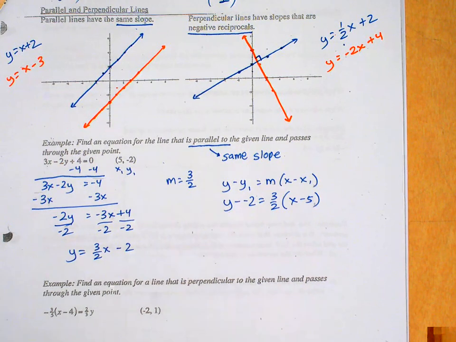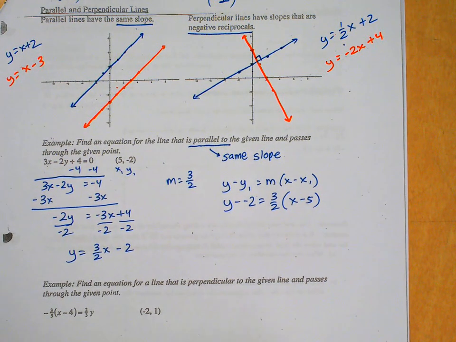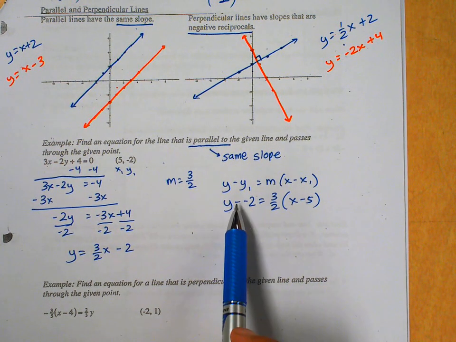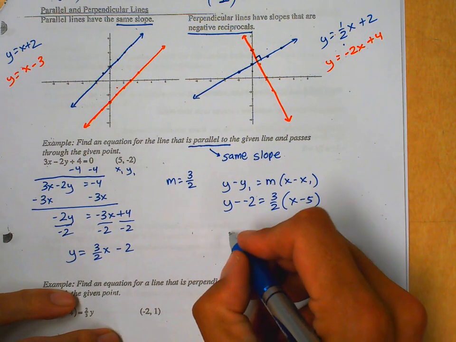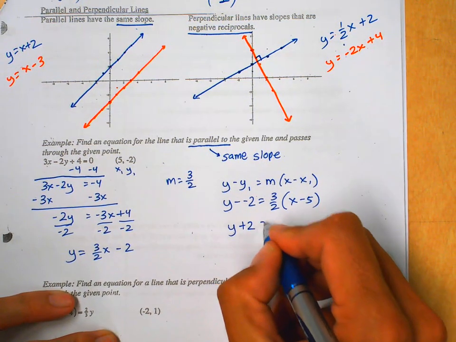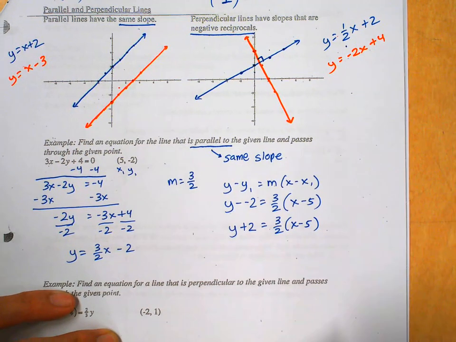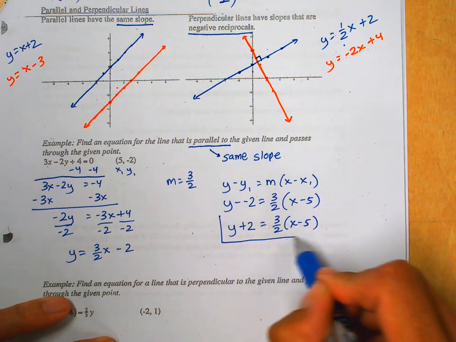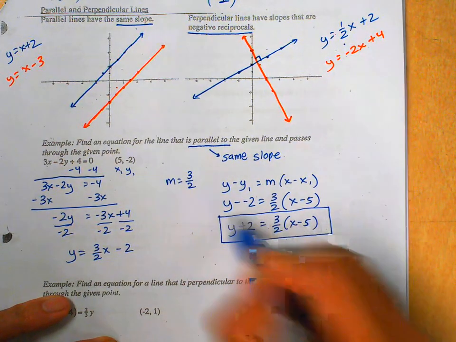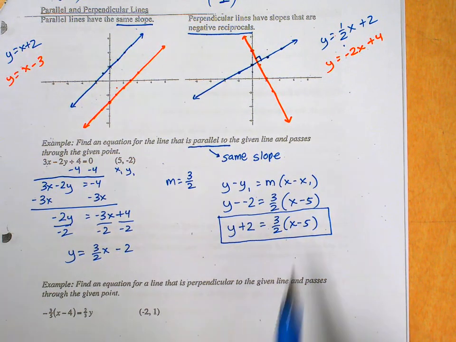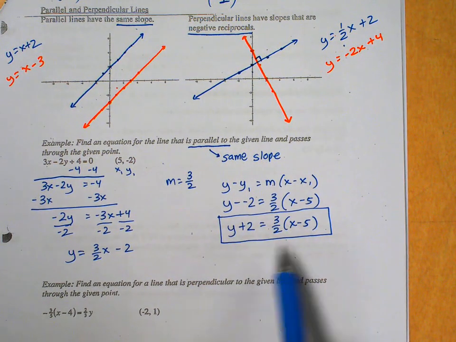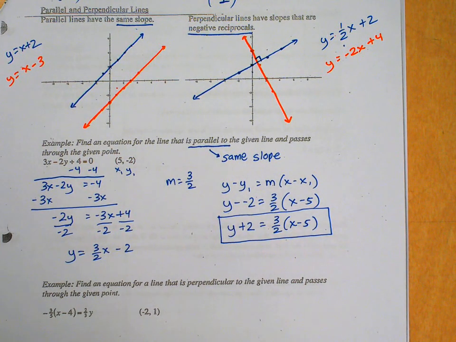The only thing I would recommend simplifying here, I think I mentioned it on the last page, is the two negatives. You could rewrite that as positive. Let's go ahead and do that. y plus 2 equals 3 over 2 times x minus 5. It did not ask you to put it in slope-intercept form. If you leave it in point-slope form, this is completely fine.